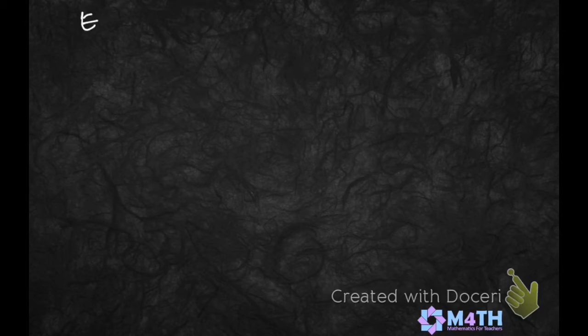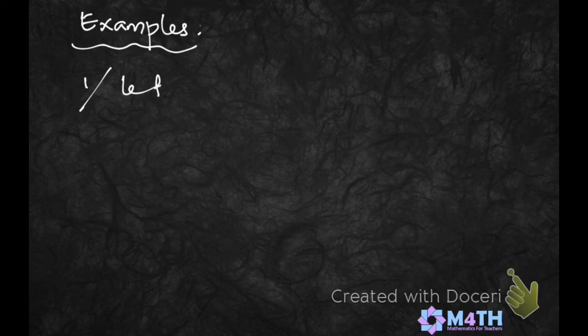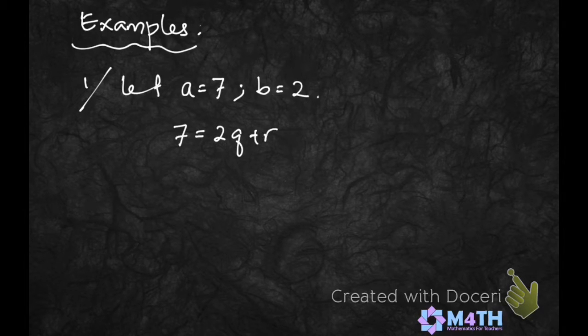The first example: let a equal 7 and b equal 2. We want to find q and r. So we have 7 equals 2q plus r, with the condition that r should be between 0 and 2.